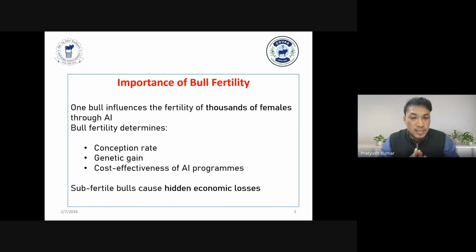The categories are generally made with the conception rate of the particular females. High fertile bulls give a conception rate of a minimum of 45% and above. These are categorized as high fertile bulls. And low fertile bulls are those below 25%.